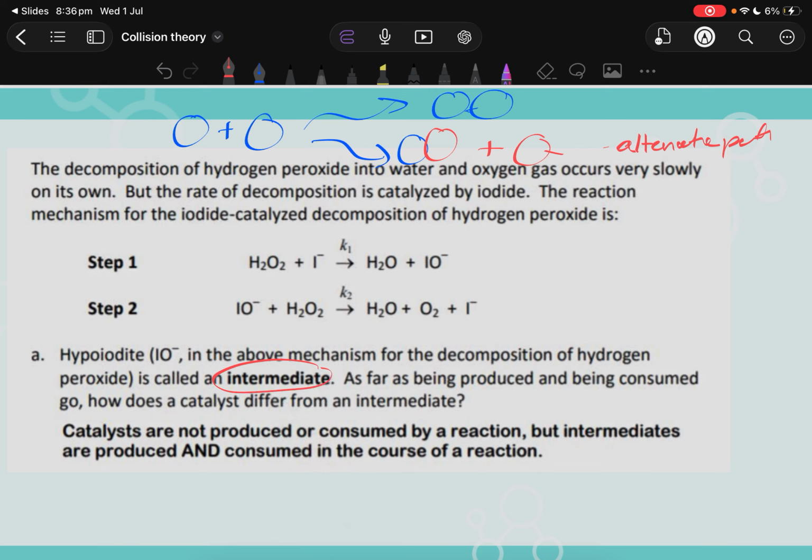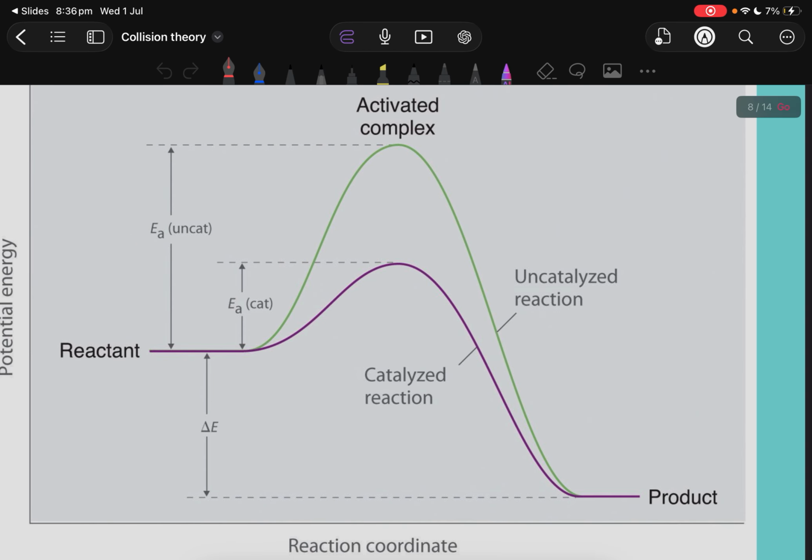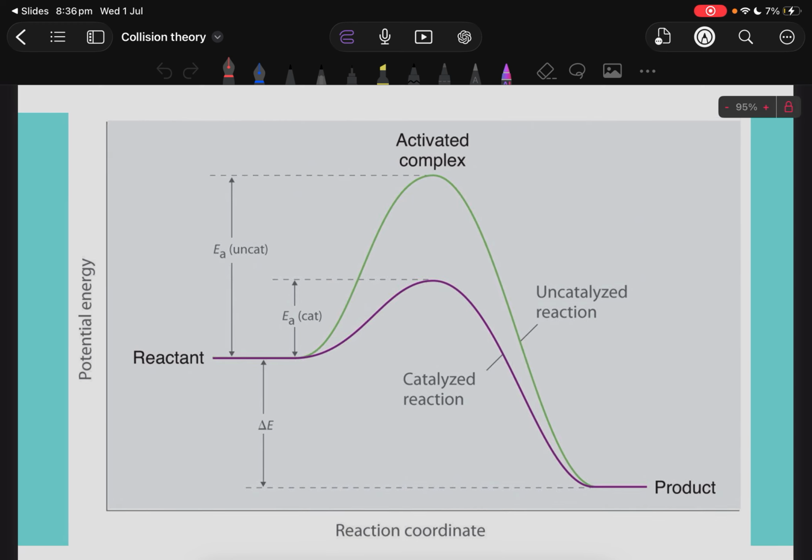So here it's showing you. You've got hydrogen peroxide. Essentially, we want to form water and oxygen. But instead of doing that in one reaction where it's hydrogen peroxide to water and oxygen, let's just make an intermediate, a middleman. This middleman right here, this is the reason why I'm able to have a reaction with lower energy requirements. That's our alternative pathway.